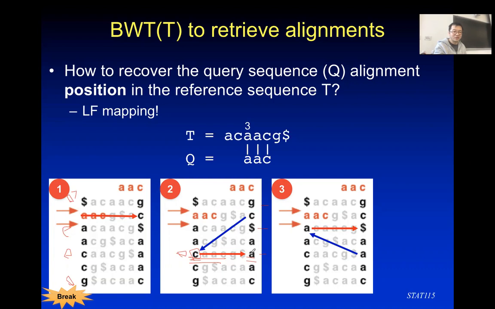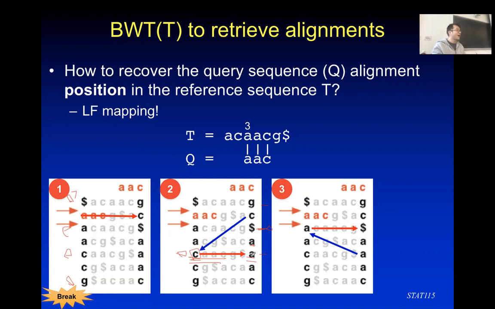When we need to know which A this is, we can start from this sampled count array and say there is 1 A after that. So it will be 0 plus 1, and then we can tell this A is the second A.